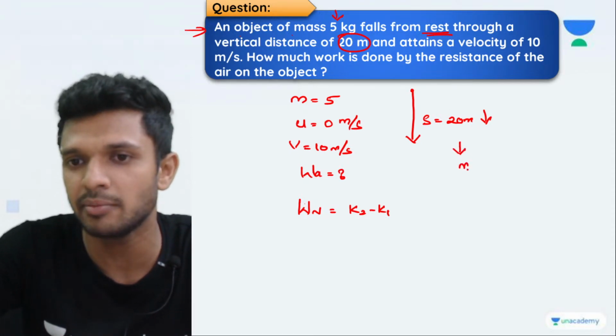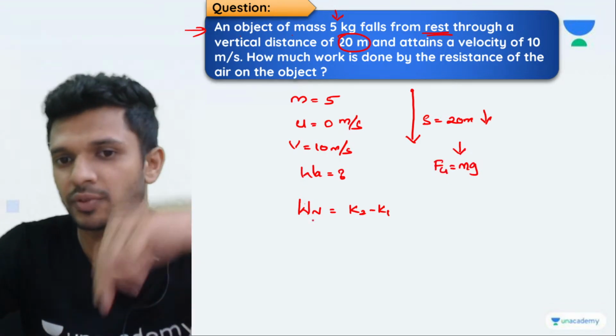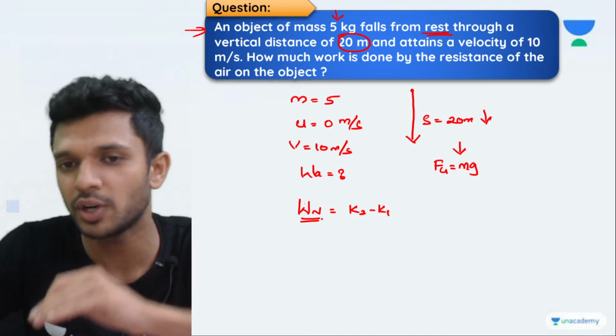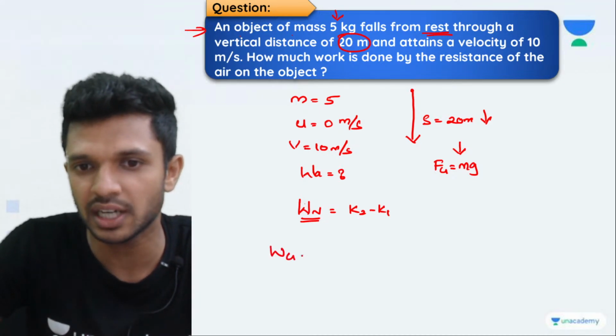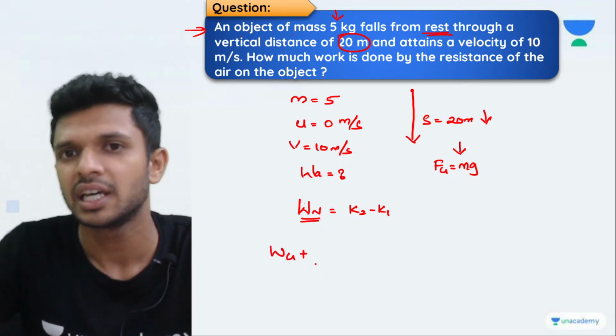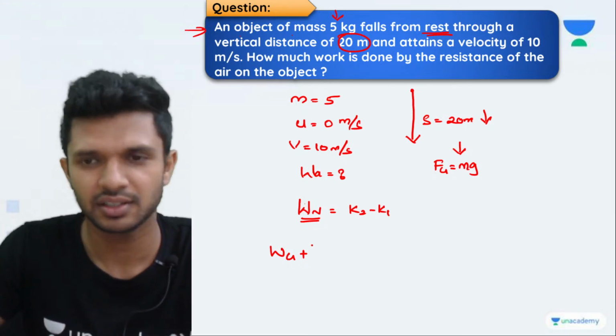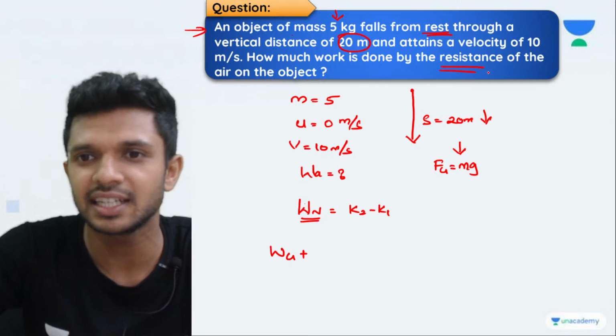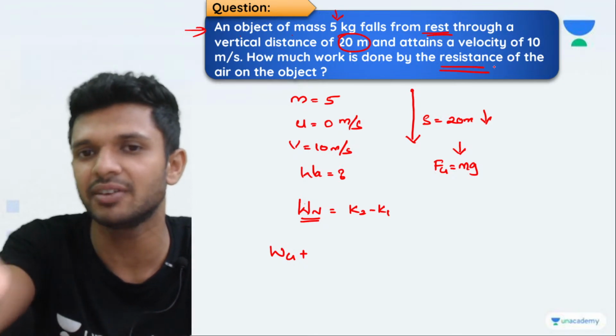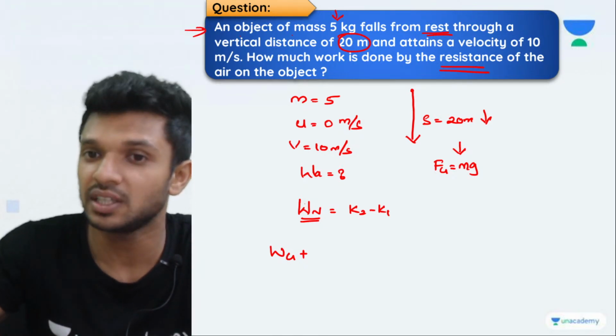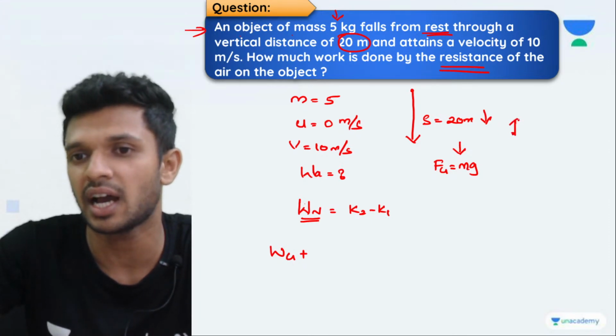Yes, it is mg, the gravitational force downward. So in the equation for net work done, there will be work done by gravity plus, can you find any other force? Yes, obviously it is the resistance of air, which means a resistive force will be there upward.